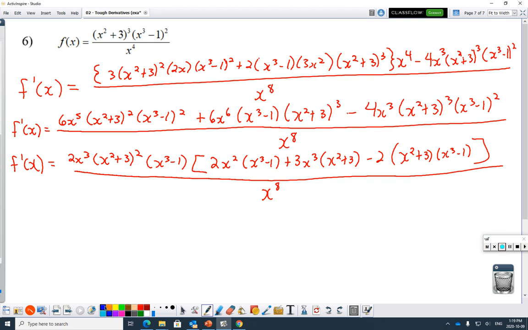In the interest of saving some space, I'm going to, right over top of this, expand out this bracket, okay? Questions?